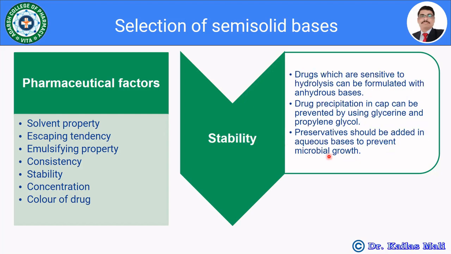Then the next point is stability. Drugs which are sensitive to hydrolysis can be formulated with anhydrous bases. As we have already seen, the bases are further divided into hydrous and anhydrous. If the drug is sensitive to moisture, we have to select an anhydrous base.